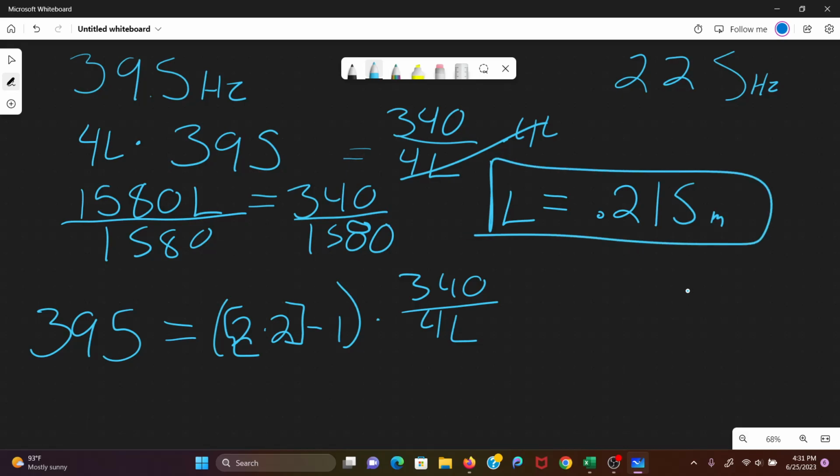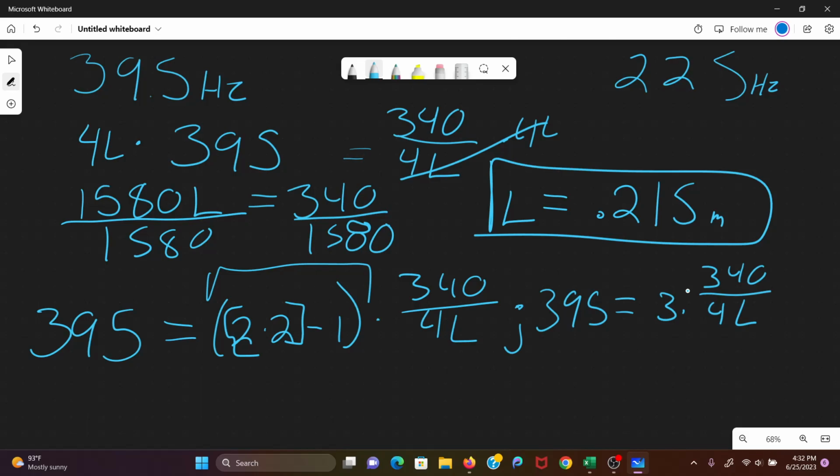For the second resonant frequency, let's simplify this portion first. 2 times 2 is 4, minus 1 is 3. So we've got 395 equals 3 times 340 over 4L. You can multiply 340 by 3 to basically get 1020. So we're going to say 395 equals 1020 over 4L.